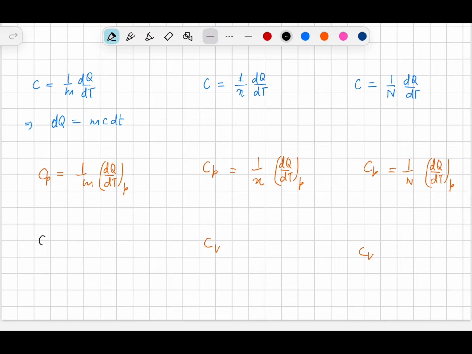Similarly, here the Cv will be 1/m dq/dT at constant volume.